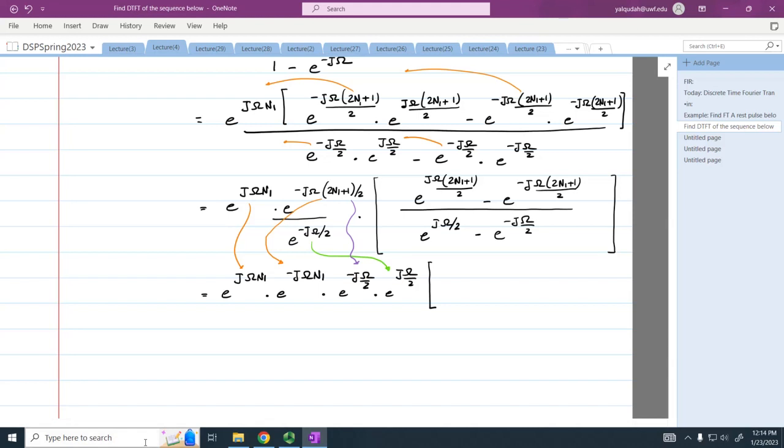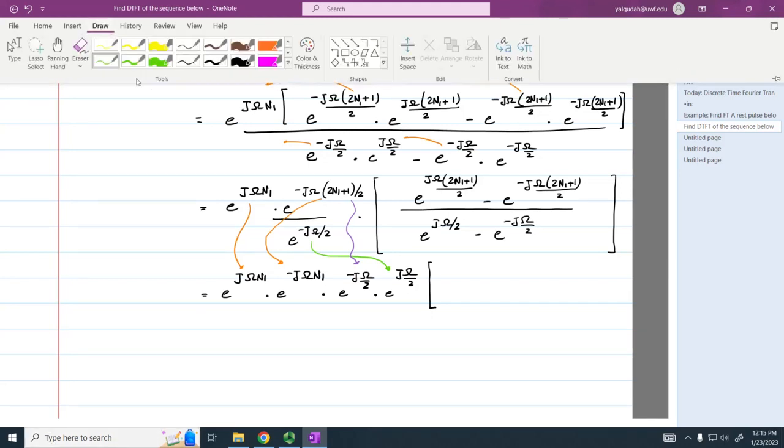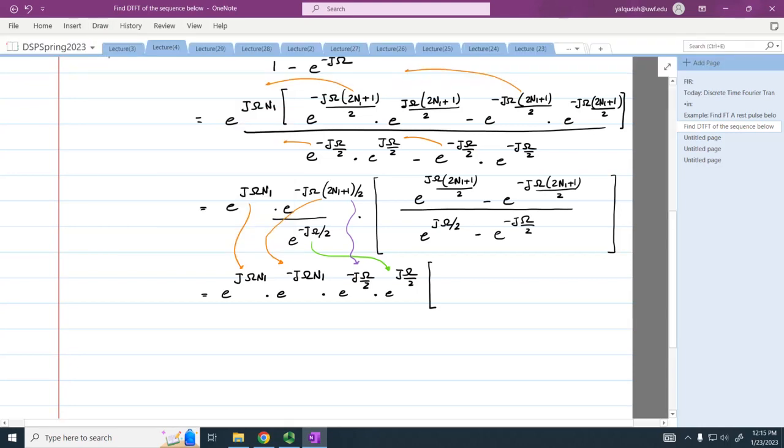See that? Negative j omega times 2n1 over 2 is negative j omega n1. Negative j omega times 1 over 2, negative j omega times 1 over 2. I had in the denominator e to negative j omega. I'm going to take it to the numerator. It becomes e to j omega over 2. Everything is accounted for. Who wants to be in charge of missing terms? Okay, sine.